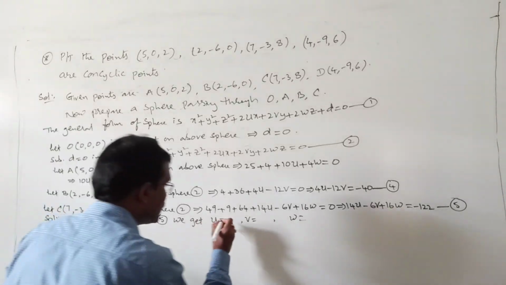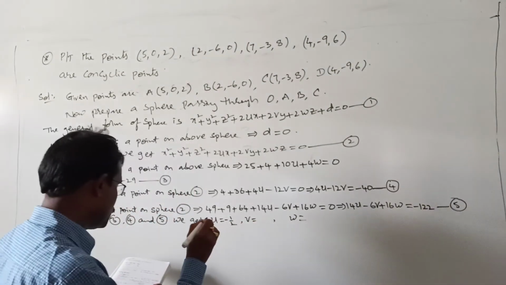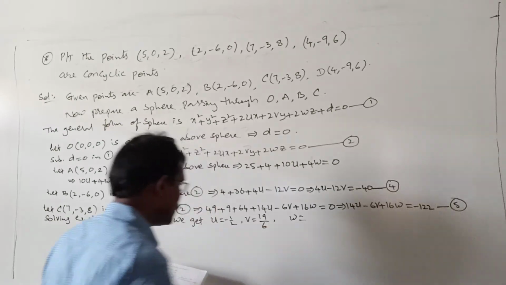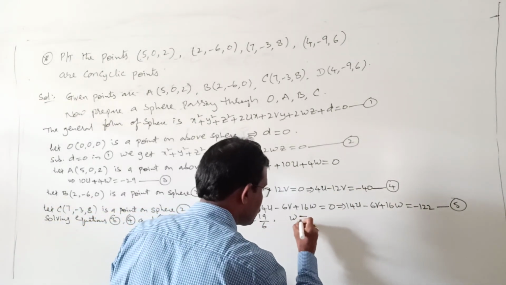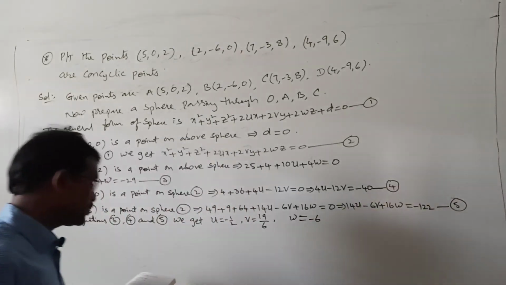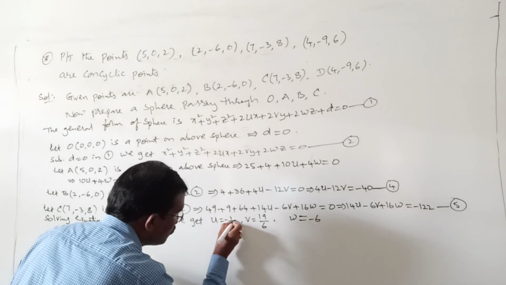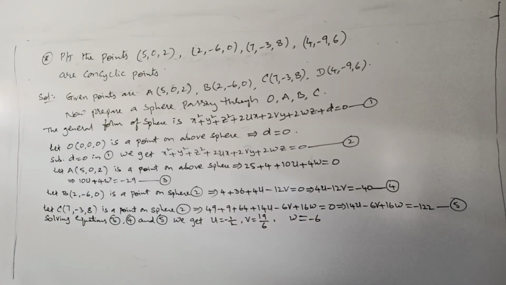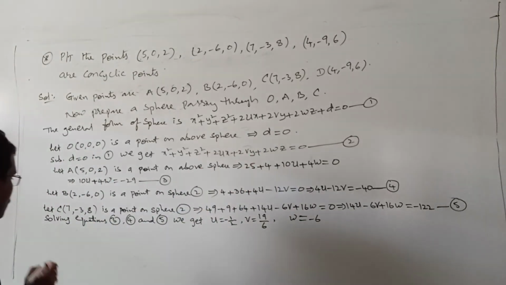U value is minus 1 by 2. V value is 19 by 6, and w is minus 6. U is minus 1 by 2, v is 19 by 6 and w is minus 6.